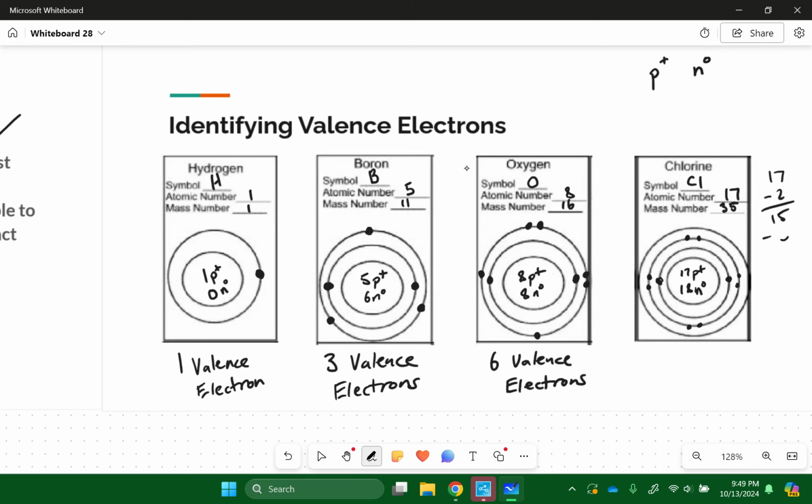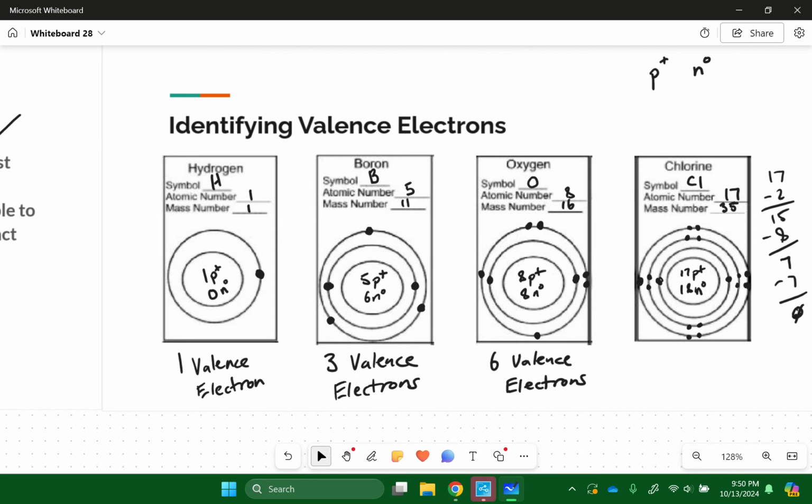Subtract 8. I've got 7 left. So then my next energy level out is going to get 7. 1, 2, 3, 4, 5, 6, 7. Minus 7. We're at 0.